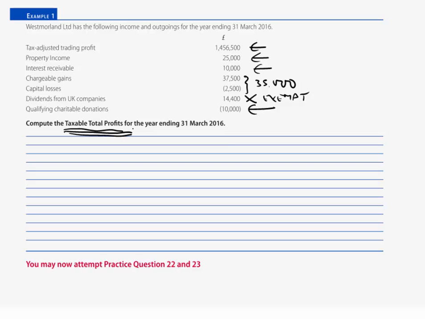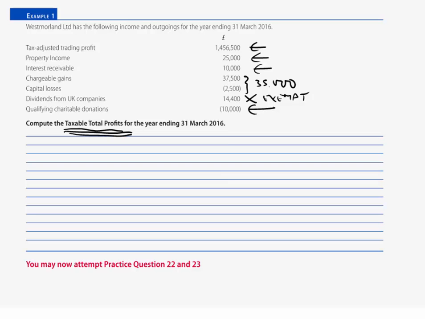Now, we prepared the corporate tax computation, as we said, for the chargeable accounting period. What is it? Well, we said it was normally the same as the company's period of account. But there was one exception to that, and that is when the company prepared its accounts for a period of more than 12 months, what we referred to as a long period of account.